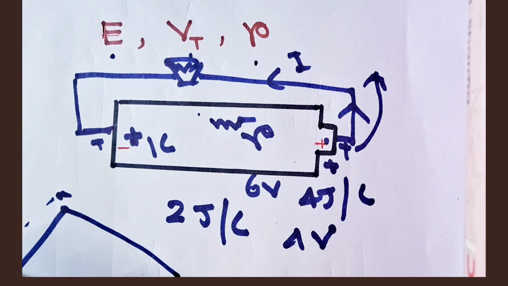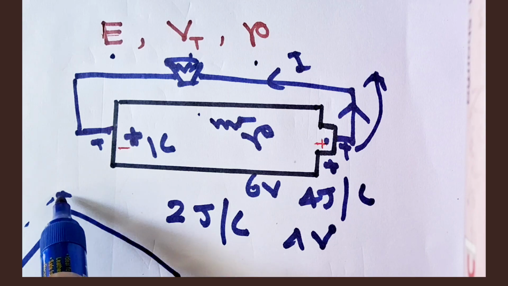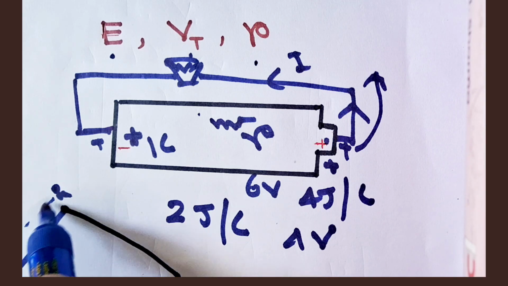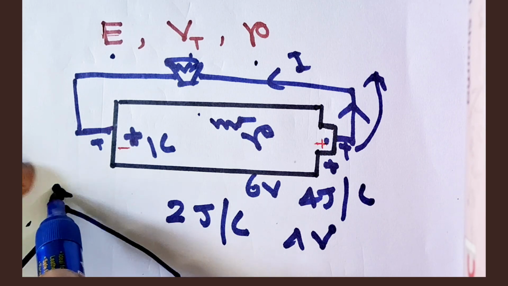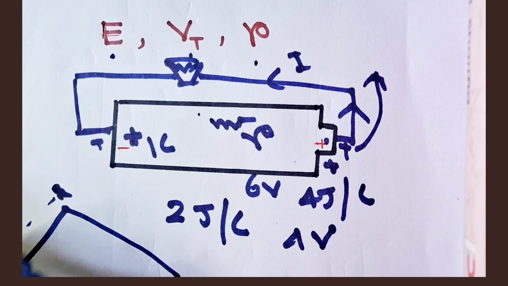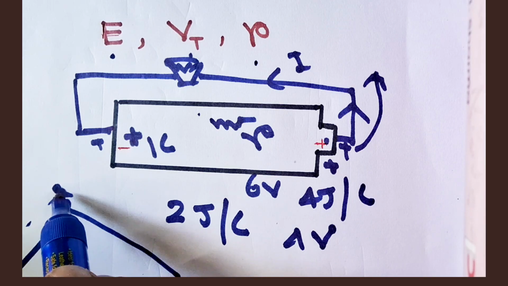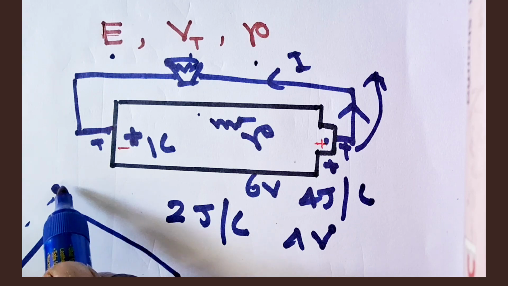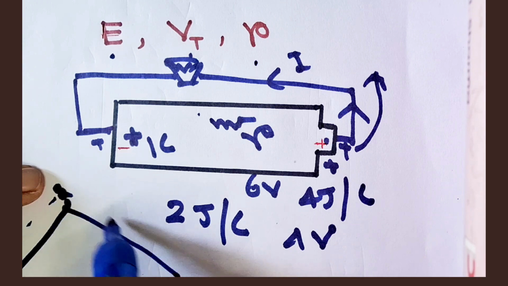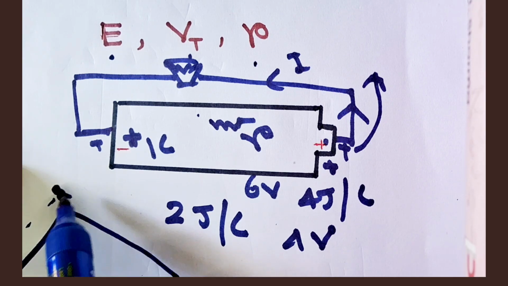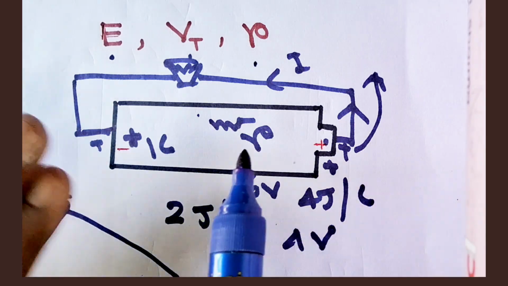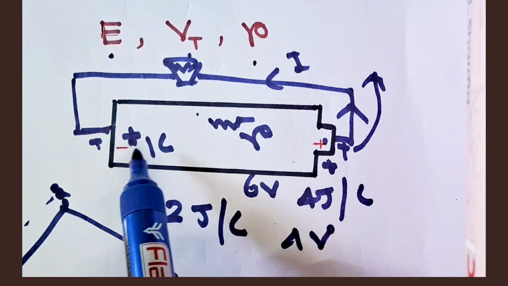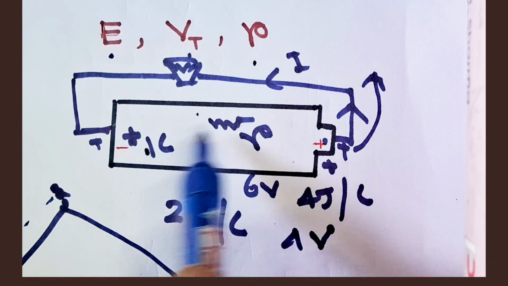So to bring the child from the ground level to this top level, the father has to do work. Whatever amount of work the father has done, that amount of energy the child will gain, and it will come down, and that energy is converted into kinetic energy.